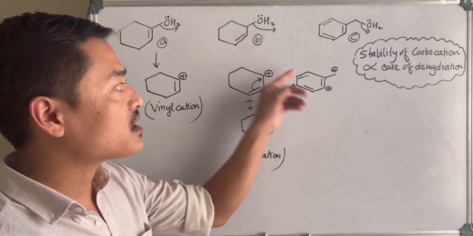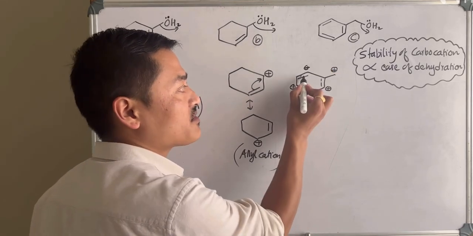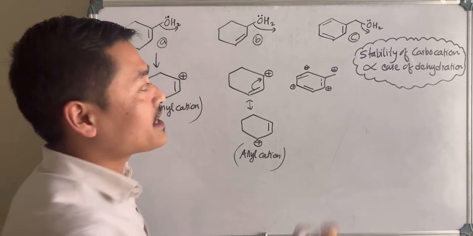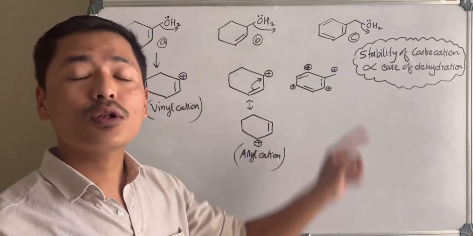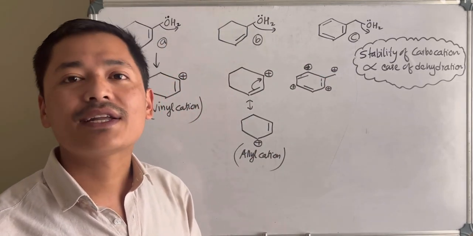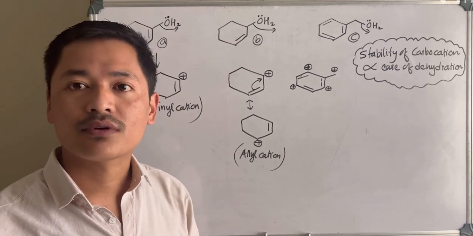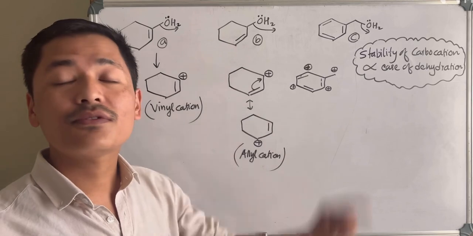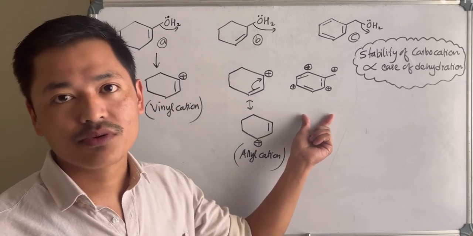Again, plus charge, single bond, double bond means it will move that side, so the plus charge will be shifted to this position due to the shifting of this double bond in this direction. That is why the plus charge is moving all throughout the benzene ring, and the total number of resonating structures will be 4. Because the plus charge moves in 4 different directions, this is undergoing extreme resonance.